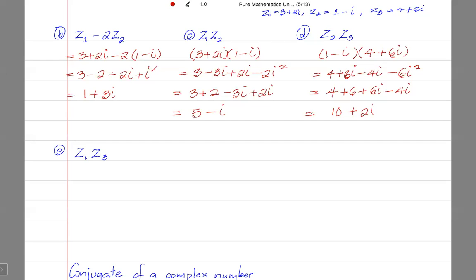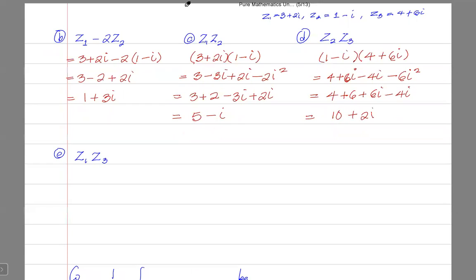The error is here. -2i should be plus 2i. You're right, it should be plus 2i. So the final answer should be 4i. All right, so that happens sometimes when you're not very careful.